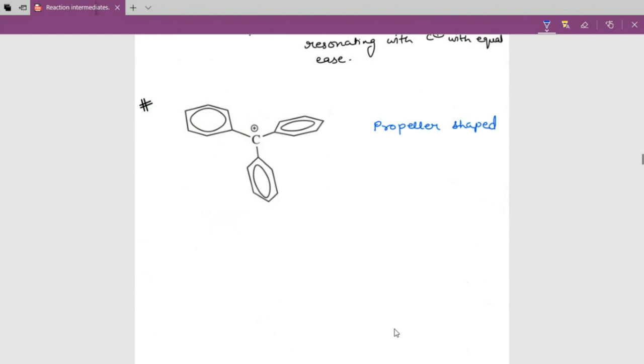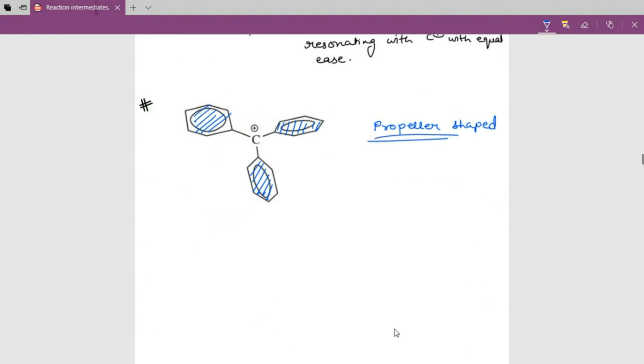Same will be the case when we go to carbanions and free radicals. So I want all of you to imagine these planes slightly tilted.